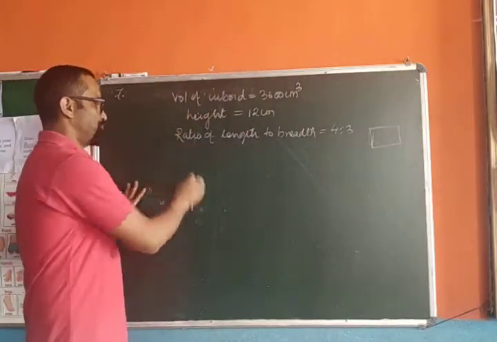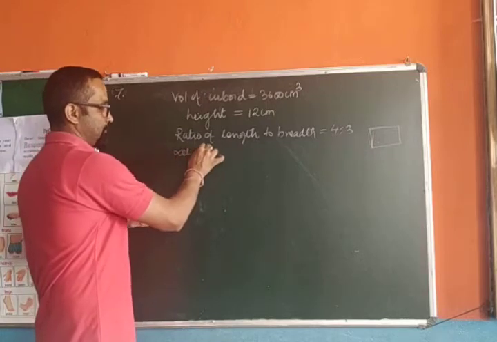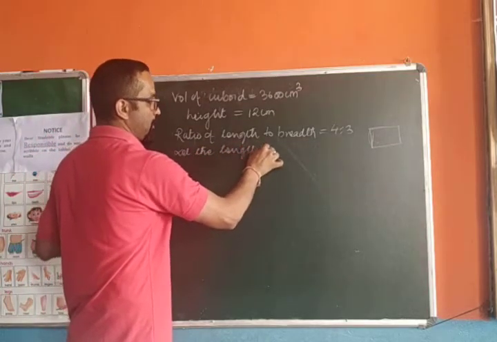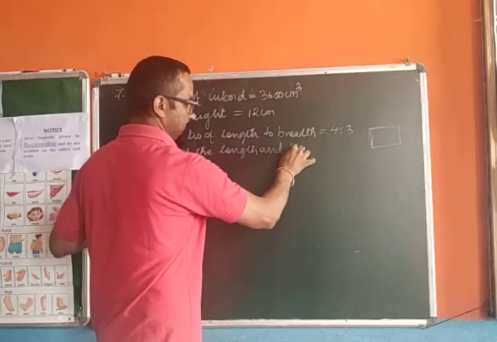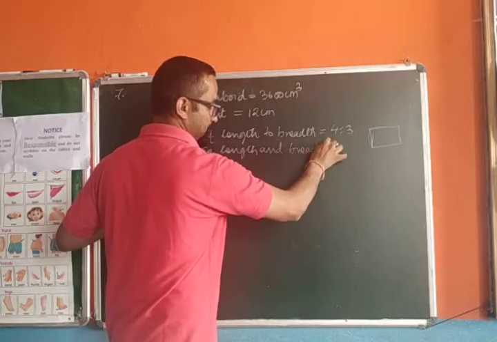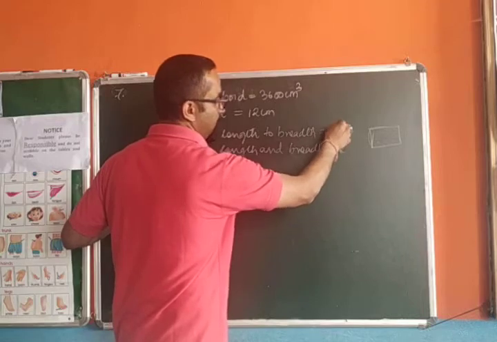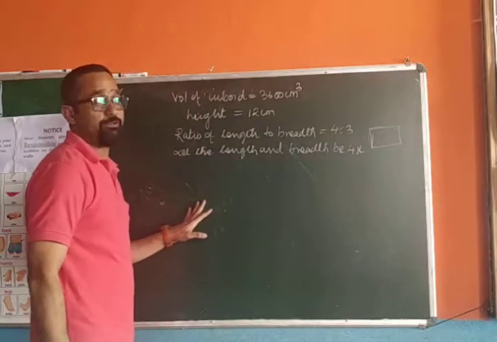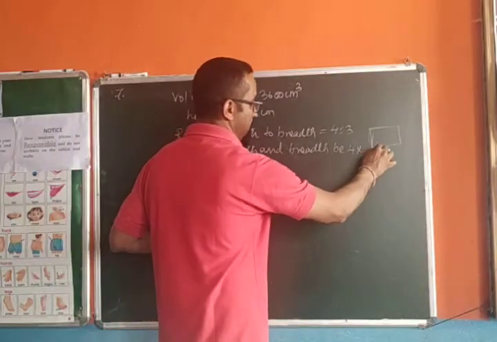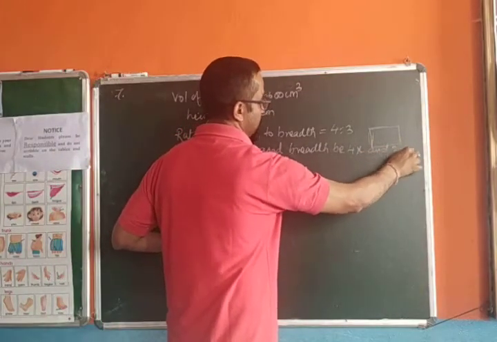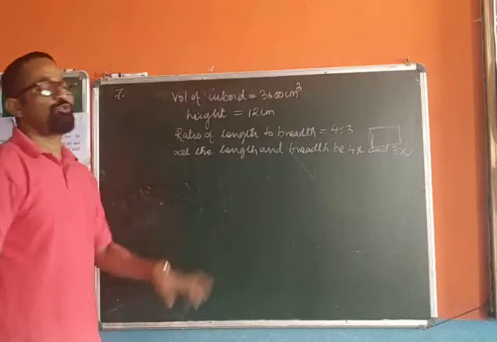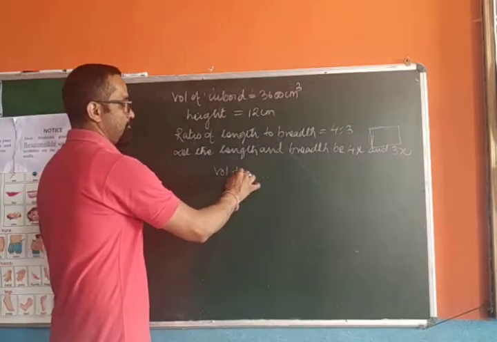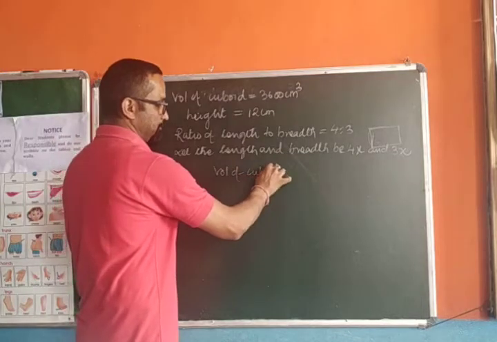So we assume let the length and breadth be, ratio is given 4, multiply with variable x, and 3x. Once you know the length and breadth, you can use the volume of cuboid.